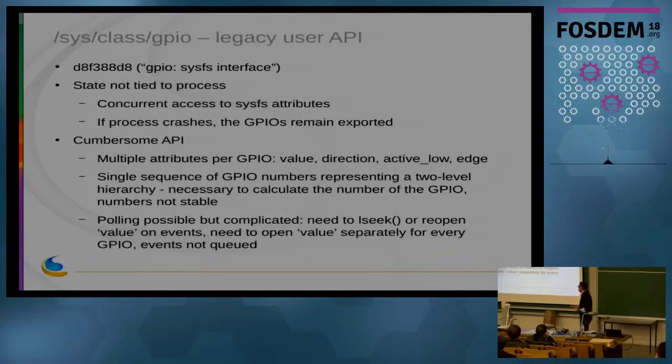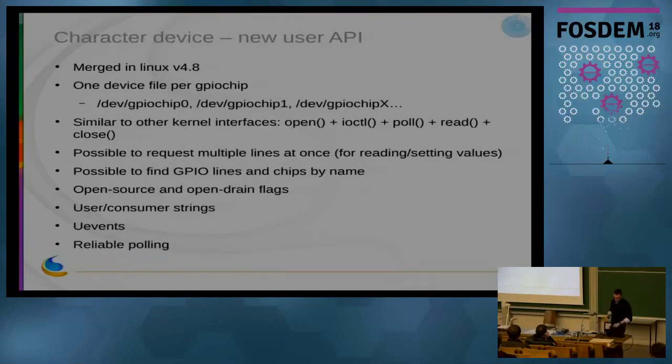You can poll the value file in this class GPIO for events, and when you get a poll event, you need to either seek or reopen the file, and then you can read the value. But these events are not queued, so if your processing is slower than necessary, then you will start missing these events. So in kernel 4.8, we have introduced a new interface for GPIOs.